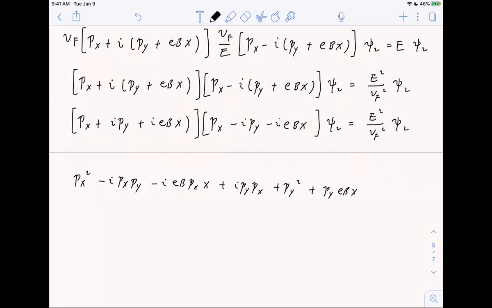And then you just continue. i eBx py, and then plus eBx py, this term and this term. And then plus eBx and eBx. Okay, so you get all of this.